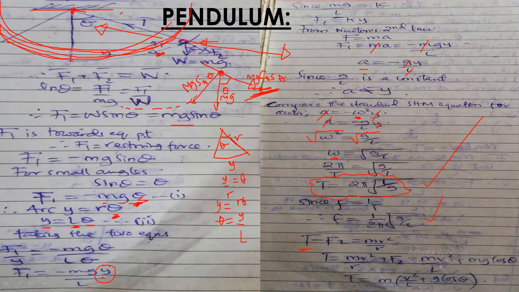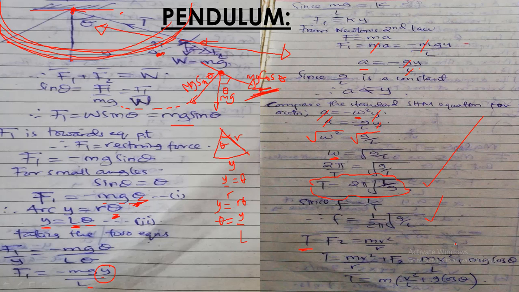The radius is the length of the string. As I said, if this is a cycle, the radius itakuwa ndo urefu wa hii string, urefu wa hii kamba. So as you can see, mv squared over L plus mg cos theta.